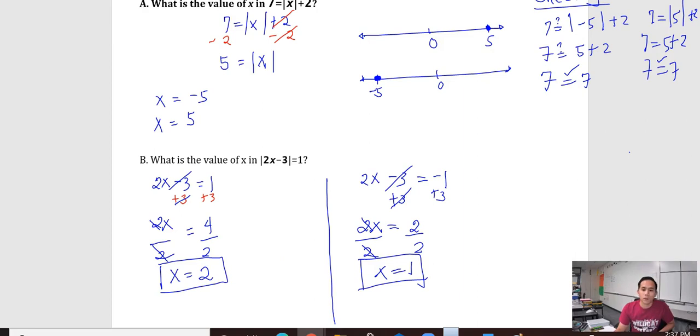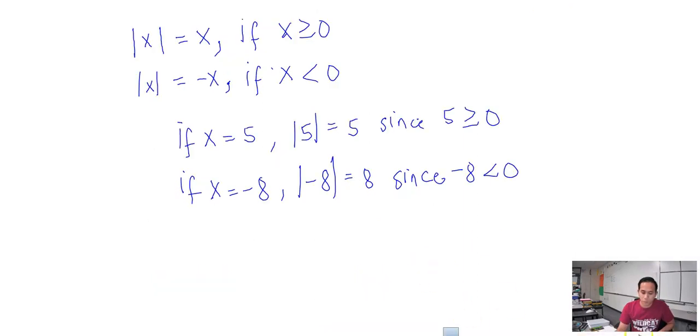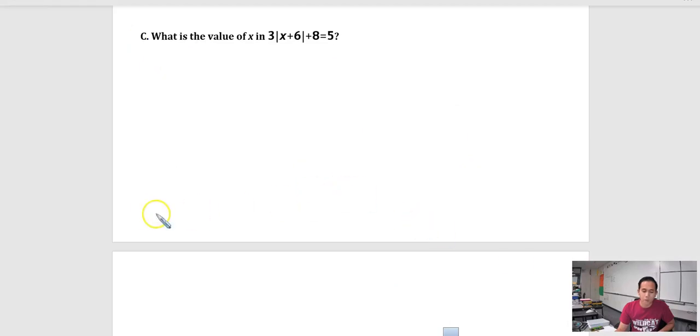Okay. Next example, letter C. What is the absolute value given on this problem? What is the absolute value of x in 3 times the absolute value of x plus 6 plus 8 is equal to 5? So we have to follow 2 steps here. Step 1 is we have to isolate the absolute value expression.